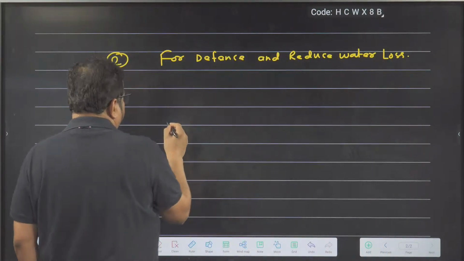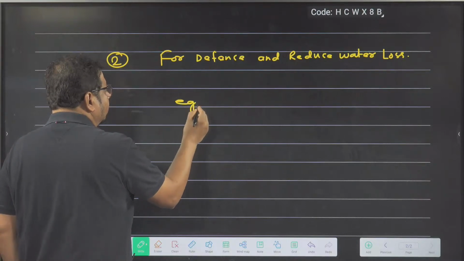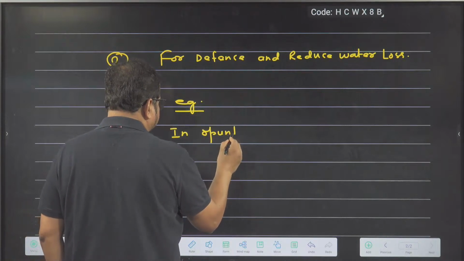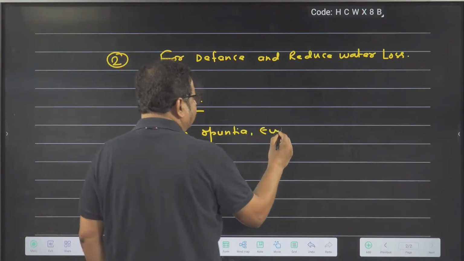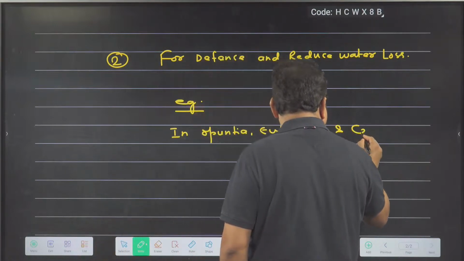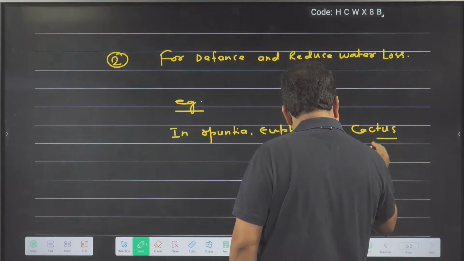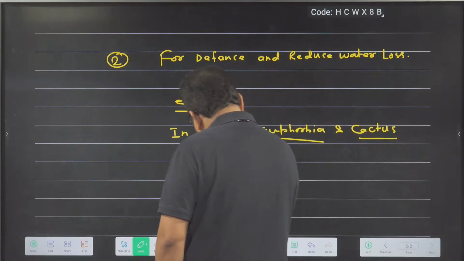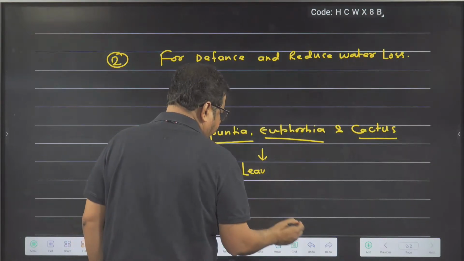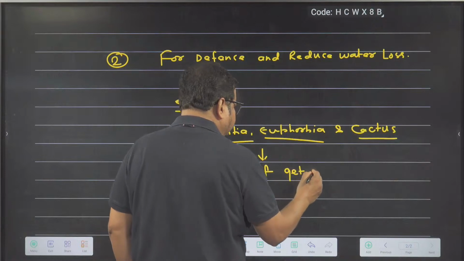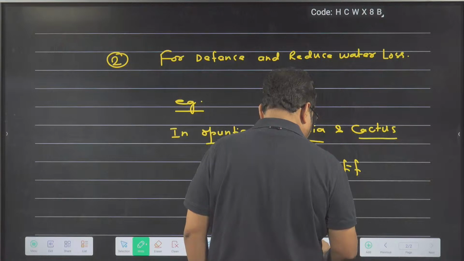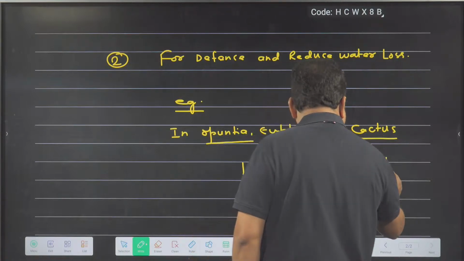I'm just telling you with the help of examples. In Opuntia, Euphorbia and cactus, not only in cactus, even in Opuntia, even in Euphorbia, what happens? The leaf gets modified into spine.